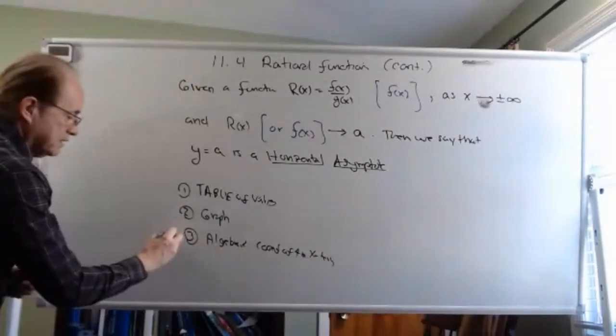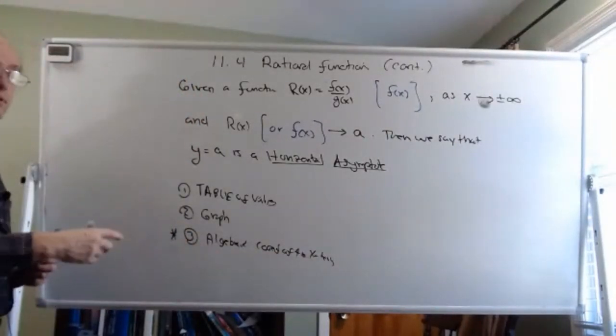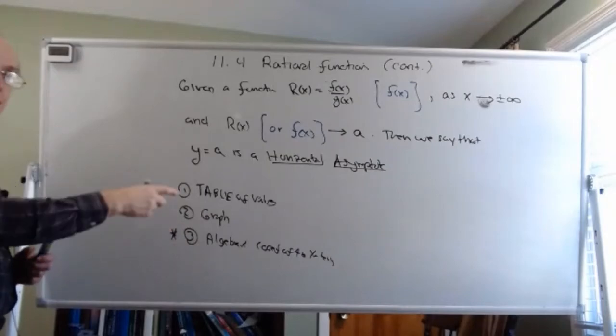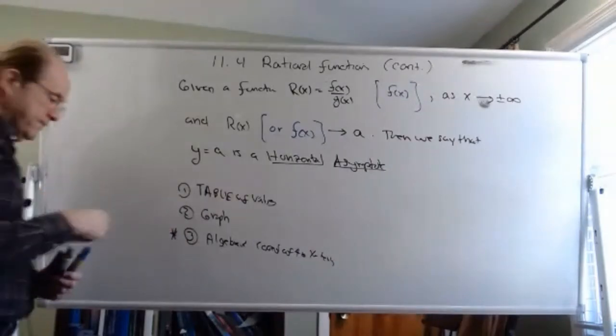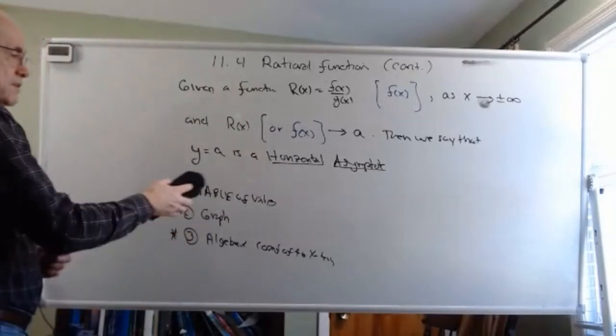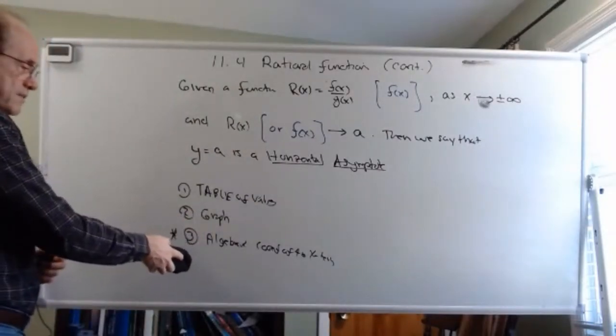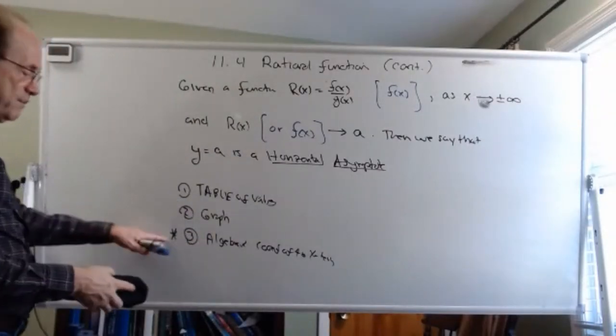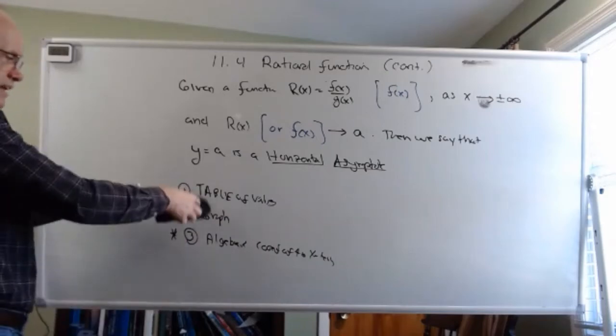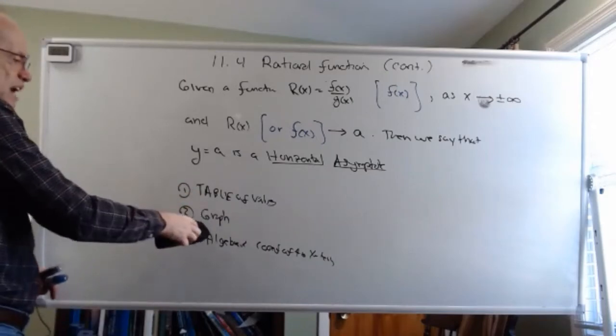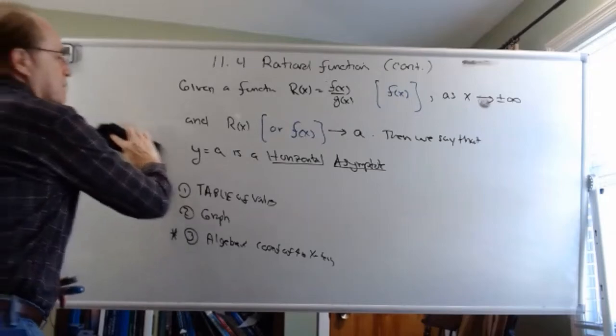Now, here you have to be a little cautious. Let me show an example where you don't get what you think you might get. Let's look at another rational function, and you have to be careful when you use this. That's why the tables and the graphs are always a good first step.